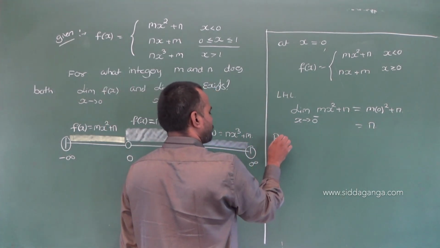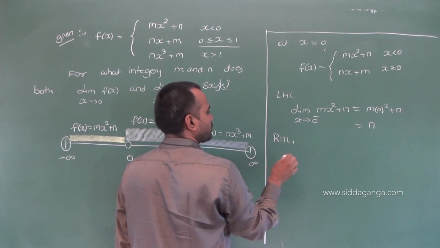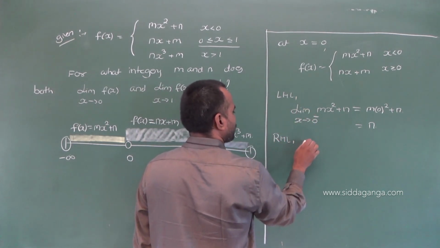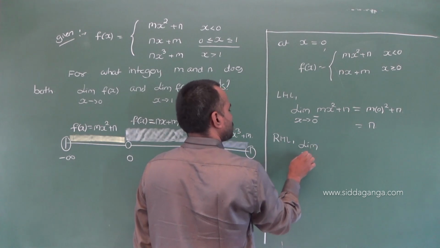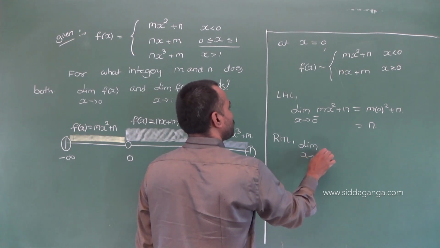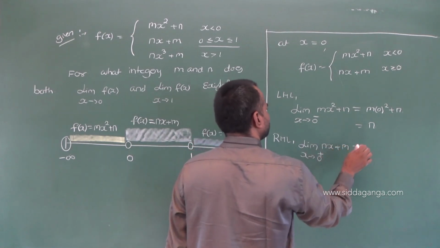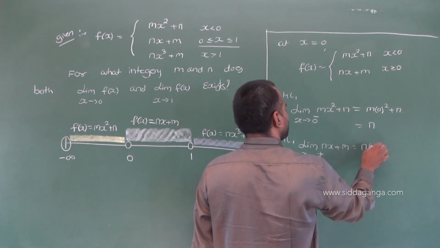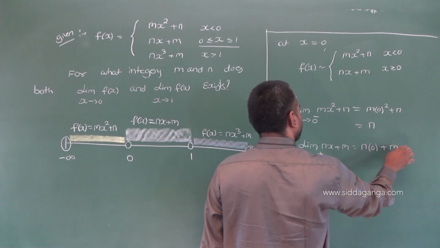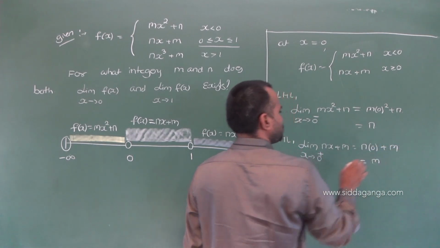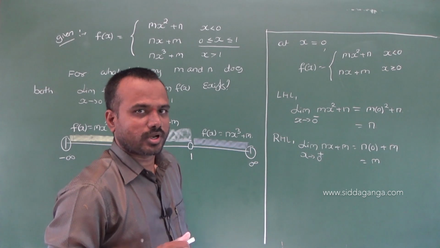Right hand limit, x tends to 0 plus, n into 0 plus m. Answer is m. Correct.